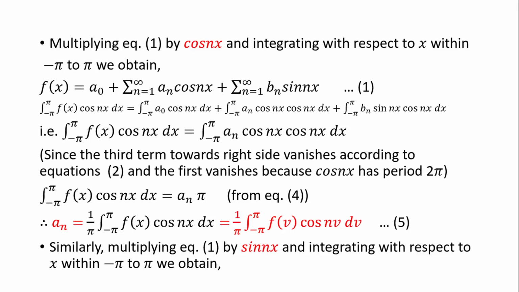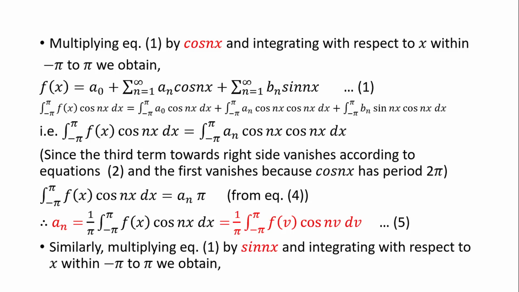To avoid confusion with the x, we introduce here the new variable phi. So the value of the Fourier coefficient an is now equal to 1 by pi integration minus pi to plus pi f(phi) cos n phi d phi. Let us call it equation 5. So in this way we evaluated the value of an.